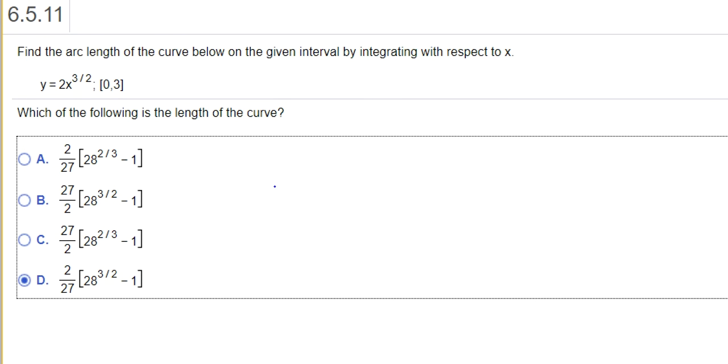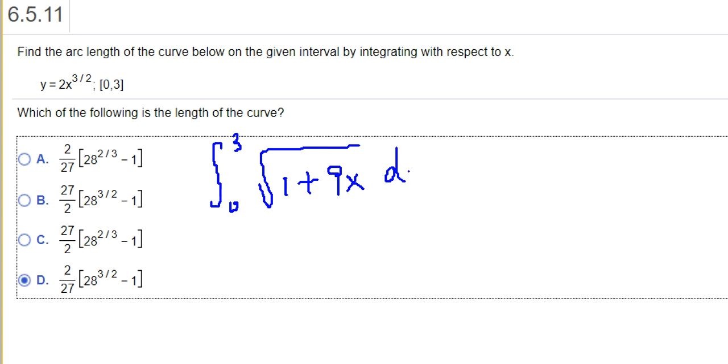Now, I certainly want to also show you the substitution. So that's what we have for now: 9x dx. And the 9x is from the square of the derivative, which is 3 times square root of x, squared, and then you get the 9x.